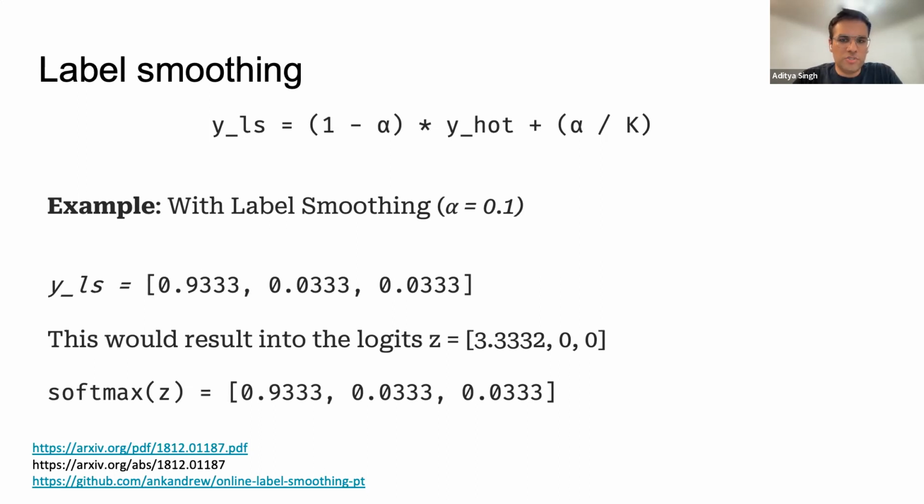And if we use an alpha of 0.1 here, then we get the smooth ground truth labels as shown, YLS. This is better than what we saw earlier, better than just having 100, as now the logits will try to model this smooth YLS.